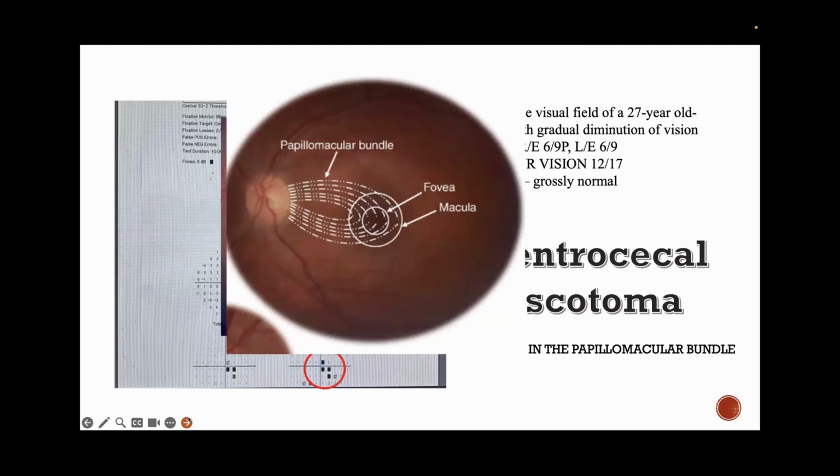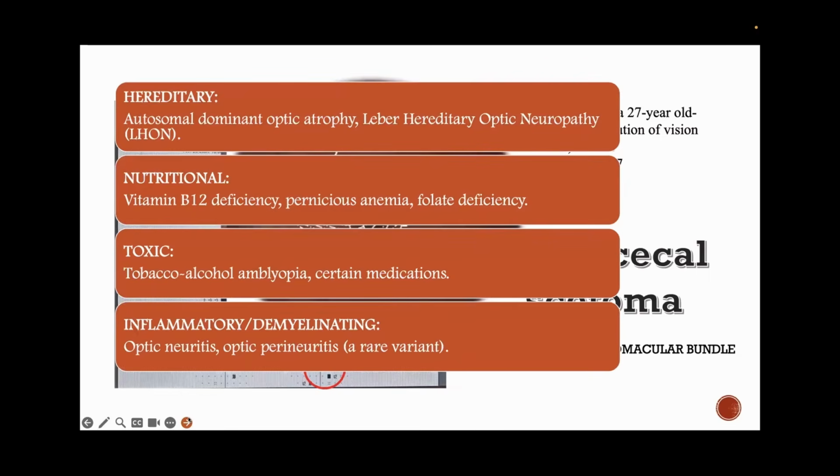These fibers are very sensitive and they get damaged by even oxidative stress in conditions where people are chronic smokers or alcoholics or some certain toxic drugs, but this patient had something called Leber's hereditary optic neuropathy. So these hereditary optic neuropathies present with a centrocecal scotoma because these are mitochondrial diseases and the mitochondria are most rich in the papillomacular bundle.